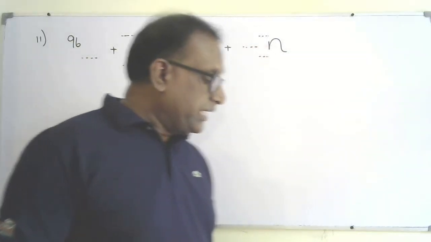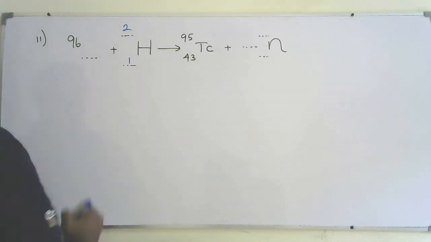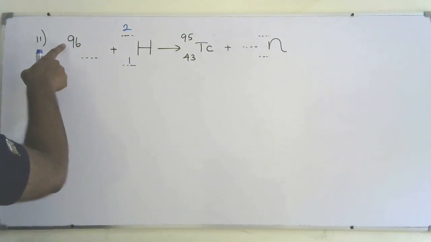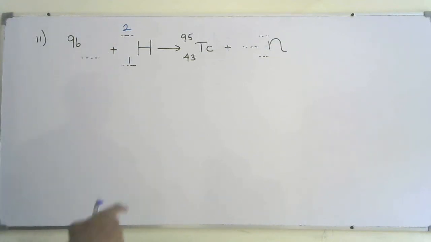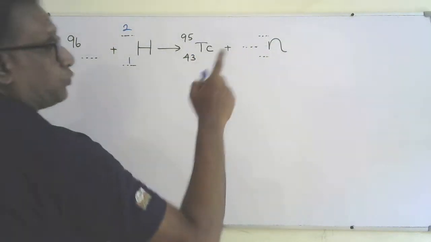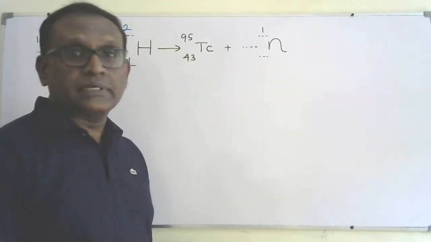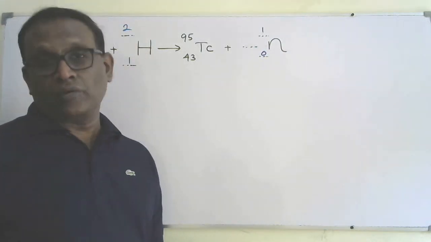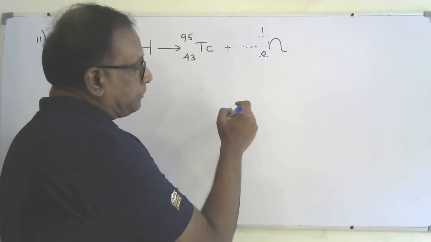We know that deuterium means mass number 2, atomic number 1. It should be balanced. Here the mass number is 96, here 2, so that is a total of 98, here 95. For neutron, we must know its mass number or baryon number is 1. What we put here is the charge, which is 0 for neutral particles. What we write up is the baryon number.